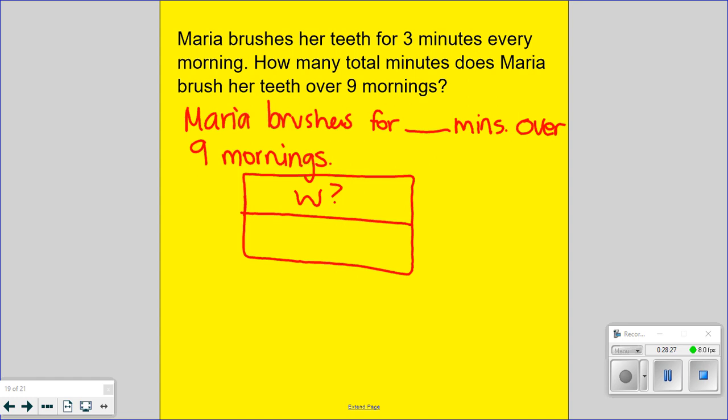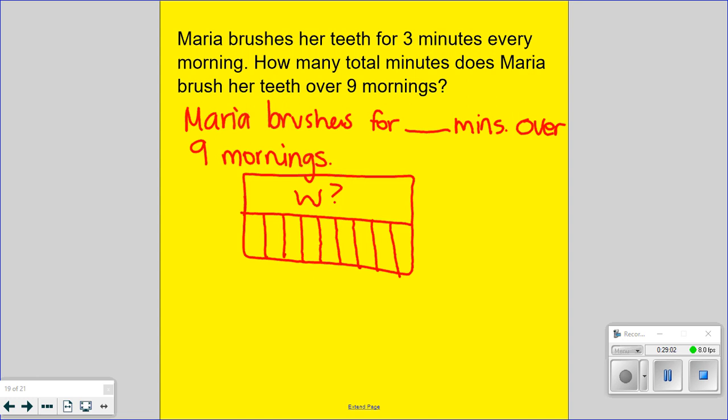Yeah, I'm going to go ahead and make my 9 boxes or my 9 columns or my 9 groups. 1, 2, 3, 4, 5, 6, 7, 8, 9. Let me count. 1, 2, 3, 4, 5, 6, 7, 8, 9. All right, make sure you have 9 boxes. What matters is boxes. So that way there's our 9 mornings.